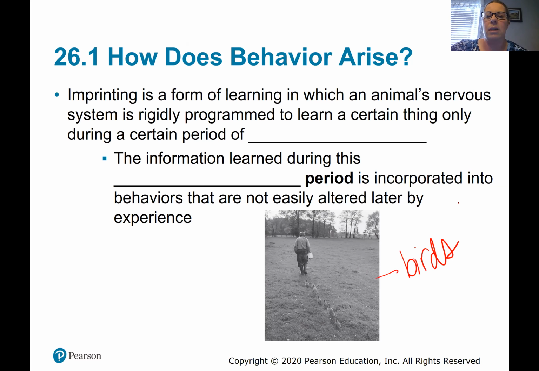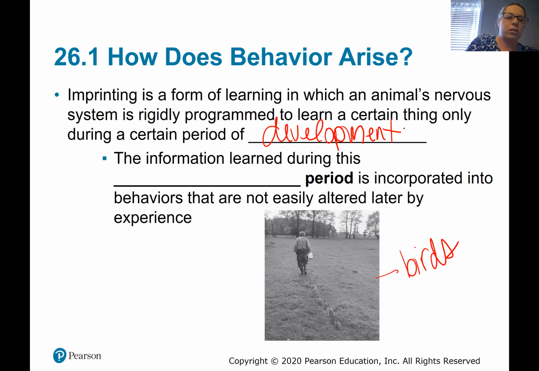But imprinting is basically a way of learning where the animal's nervous system, the brain and nervous response, is programmed during a certain period of development. Usually it's within so many hours after birth.